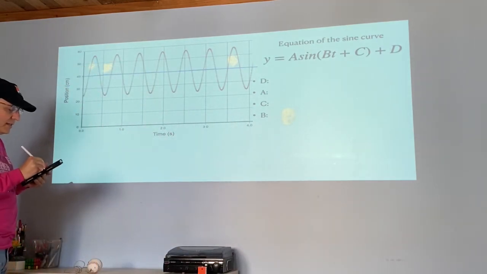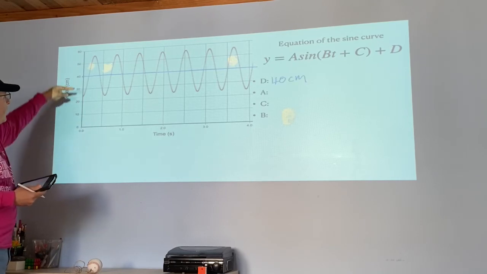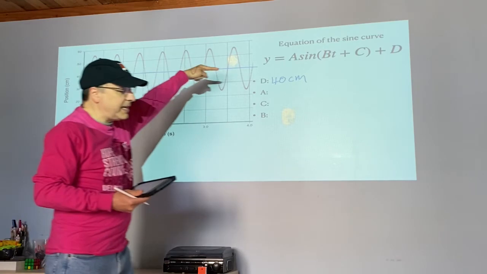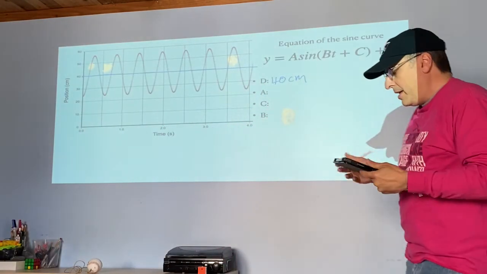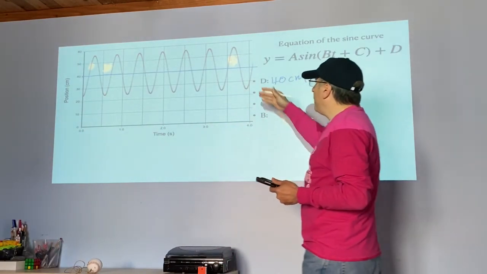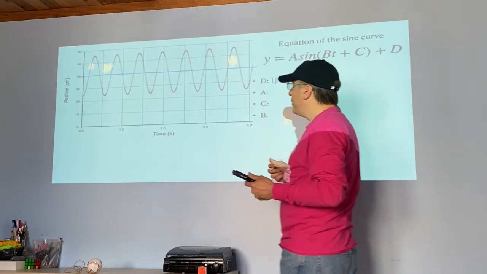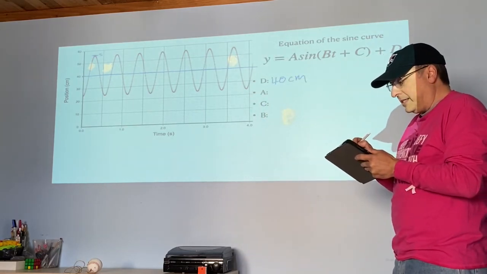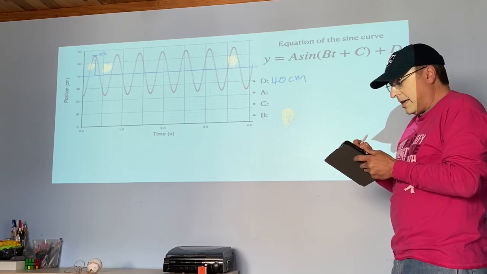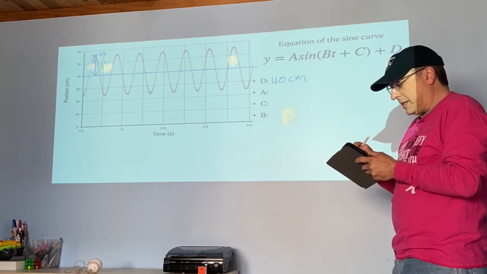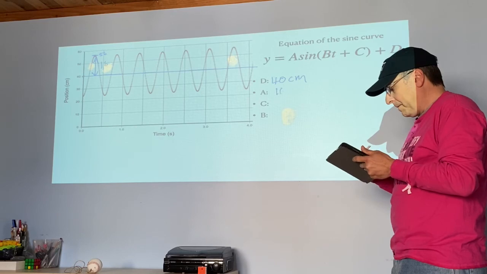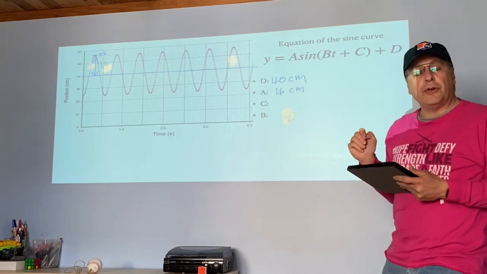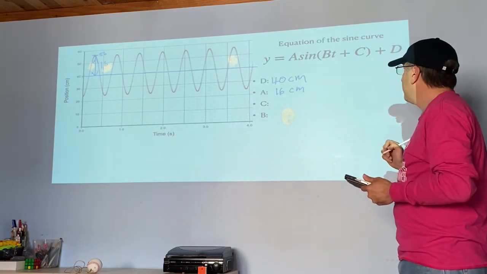So for us, the D would represent 40 centimeters. 40 is the bisector for that curve. Amplitude. How far above and below 40 do we get? Well, you can see we're somewhere around 56 is the high. So that would mean an amplitude of 16. Again, amplitude is measured in centimeters.